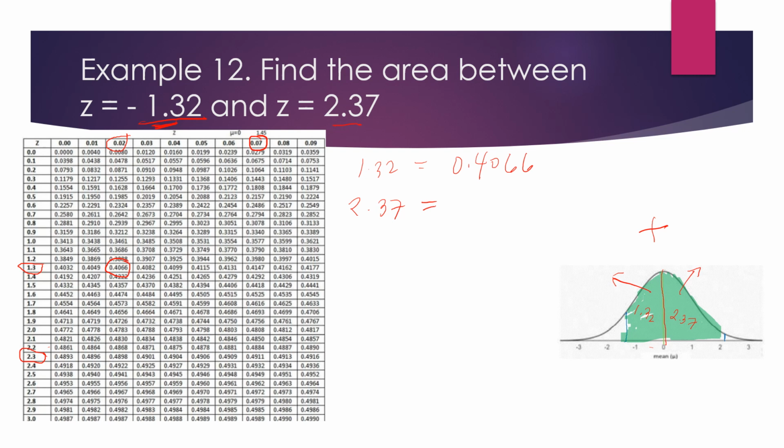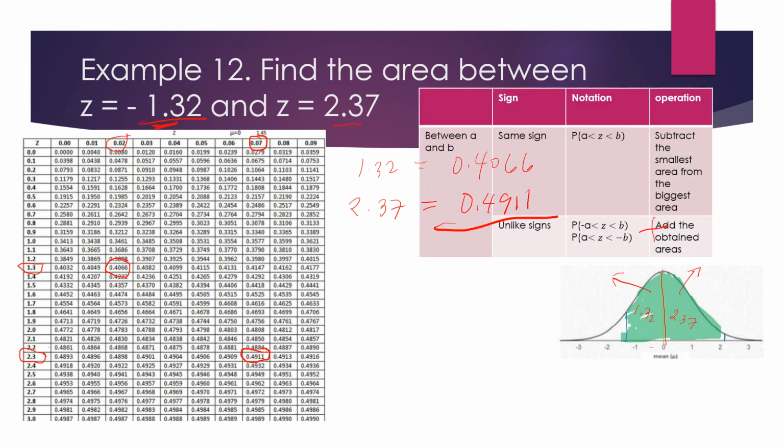So its intersection is this part, 0.4911. Adding these two will give us 0.8977.